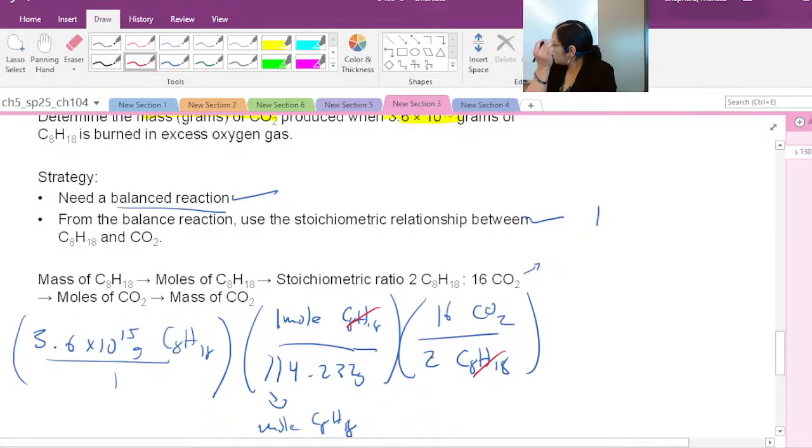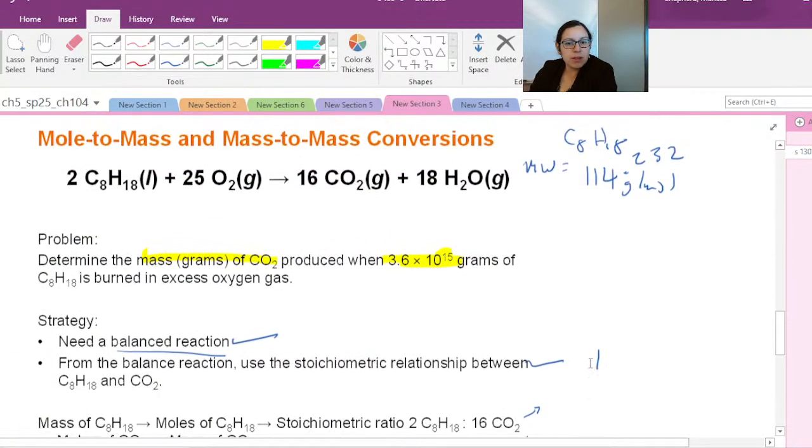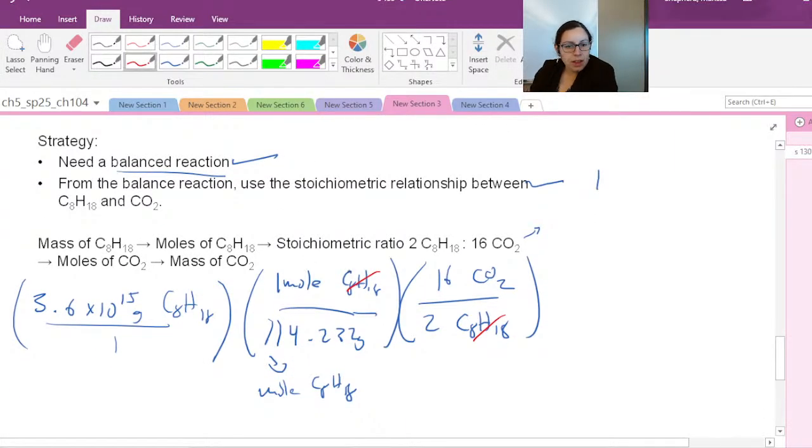So make sure you see that. And then last bit, it asked us the mass of CO2. And so of course the last bit, this gives us moles of CO2. So now we need to multiply by our molecular weight.